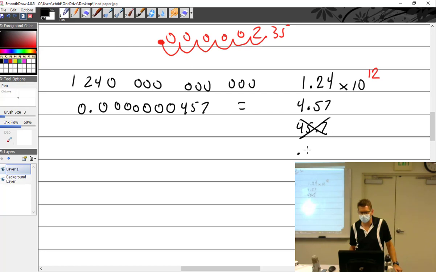Can I put 0.457 times 10 to the? No, because it's got to be between 1 and 9. You have to have one number on this side of the decimal and however many you want on the other side. Times 10 to the 1, 2, 3, 4, 5, 6, 7, 8, so times 10 to the negative 8, because when I unpack it, the number is going to get very, very small.